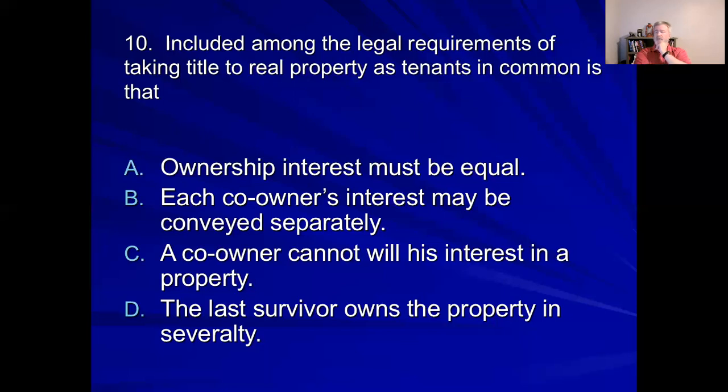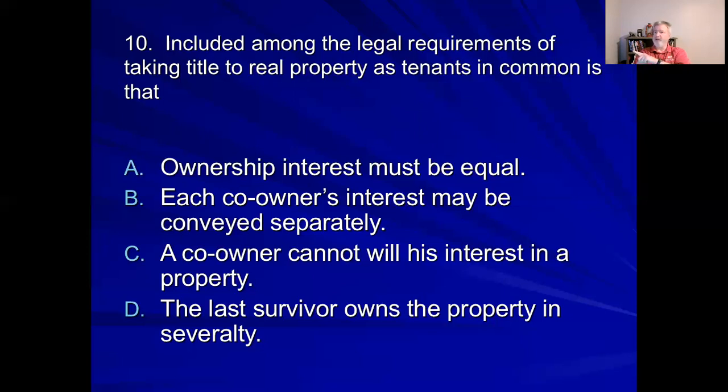Well, if I own, say, 50% of the property, I'm a 50% owner as tenant in common. Can I leave my share, my interest, to my wife when I die? Yes, you can will your interest to your heirs. So C is not the right answer.